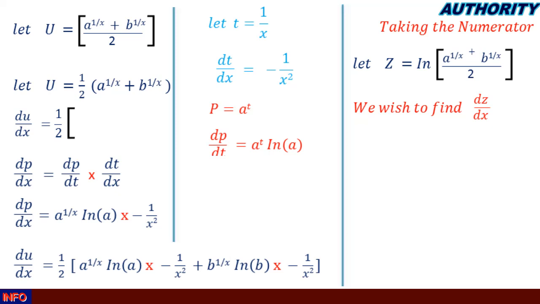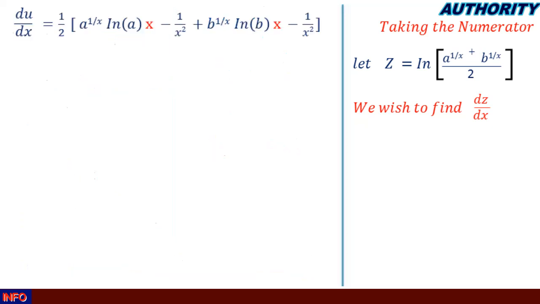Is that clear? Yes. So here we see that du/dx, the derivative of u with respect to x, is 1 over 2 open bracket, a raised to the power of 1 over x ln a times minus 1 over x squared plus b raised to the power of 1 over x ln b times minus 1 over x squared. All right, good.